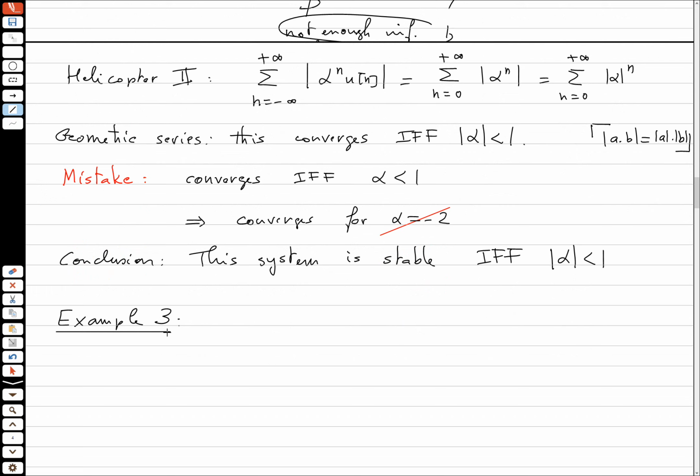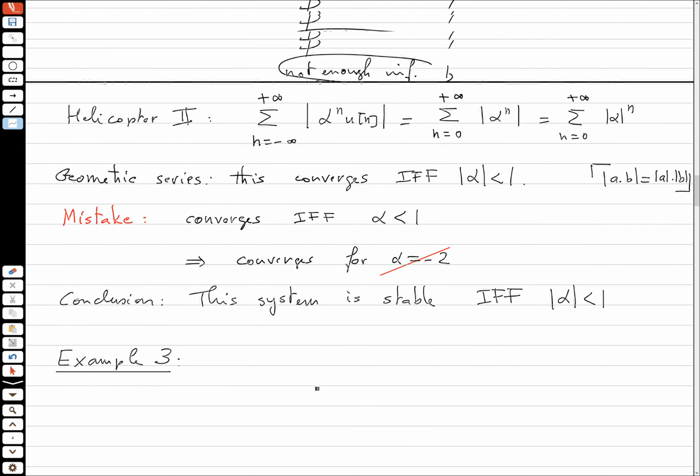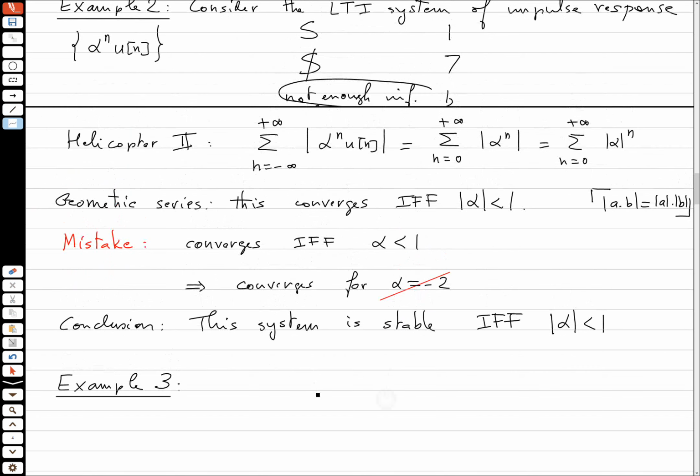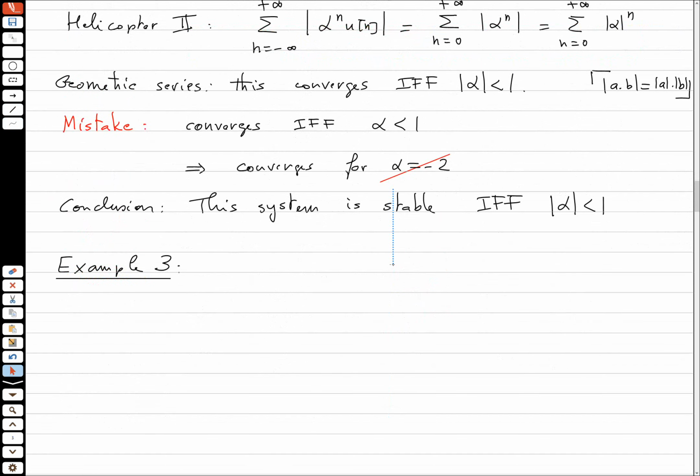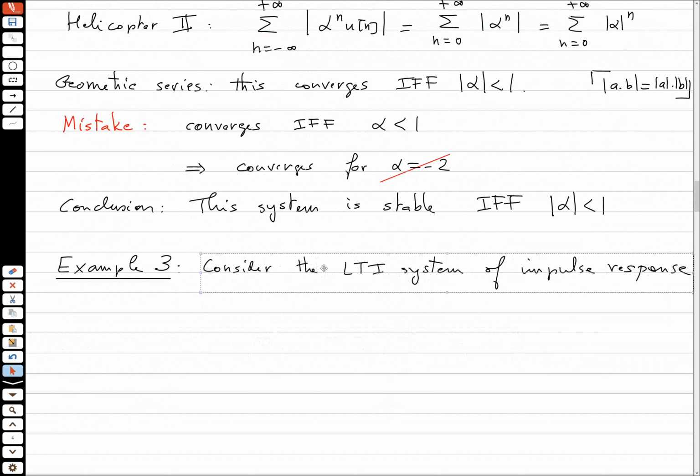All right, so every time, you know, my examples become harder and harder. So consider the LTI system of impulse response n times alpha to the n, u of n.